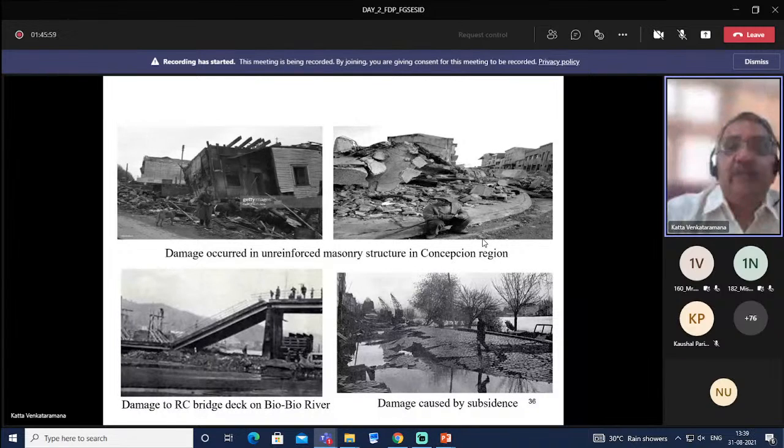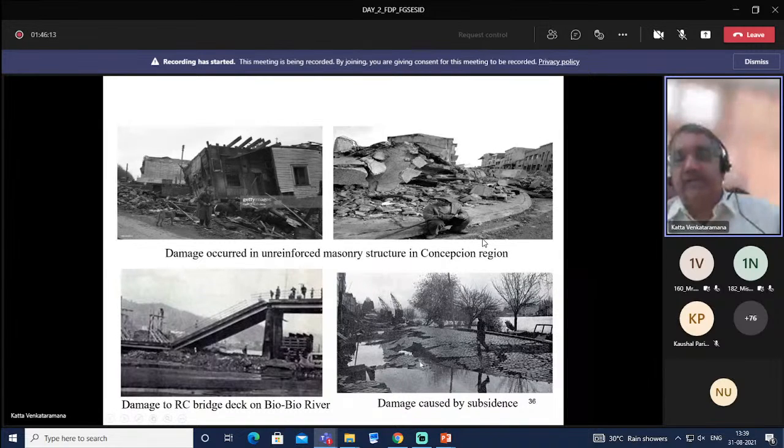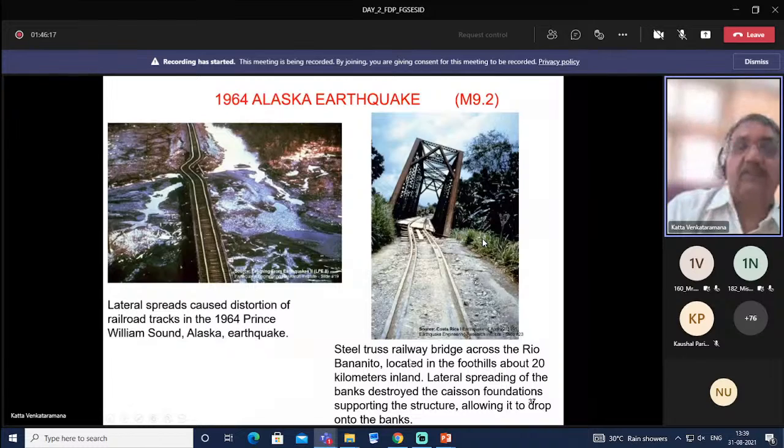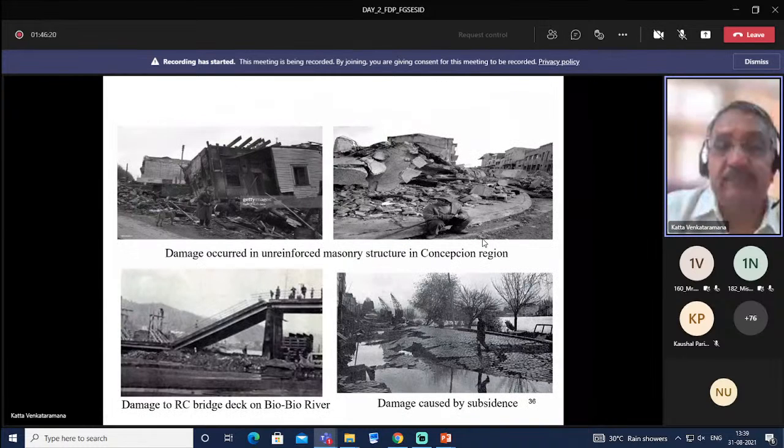Some of the damages to buildings: damage occurred in unreinforced masonry structures in the Concepcion region. Damage to an RC bridge deck on this river, Bayo River, and damage caused by subsidence of grounds. So those are the photographs.